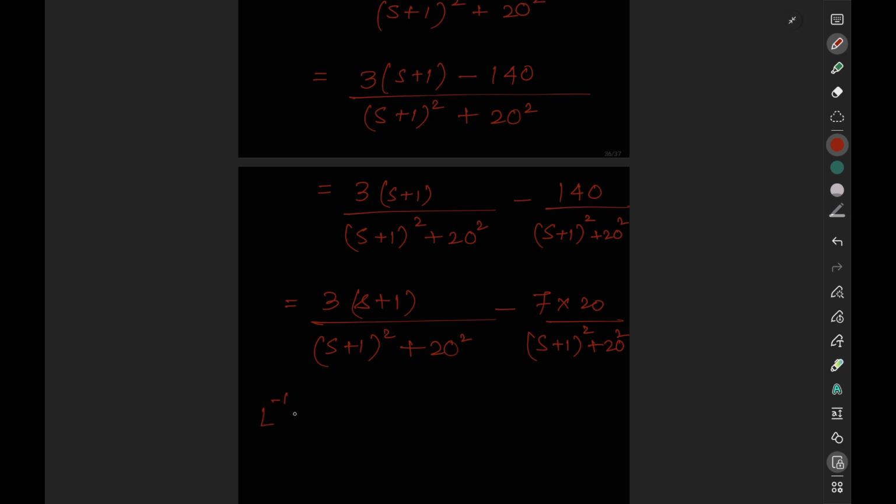Now the Laplace inverse of F of s will become 3 times cos 20t multiplied by e to the power at. A is minus 1 here, minus 7 times sine 20t multiplied by e to the power minus 1t. So this will be the inverse of this expression.